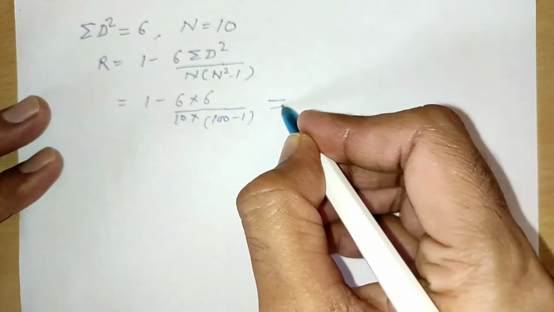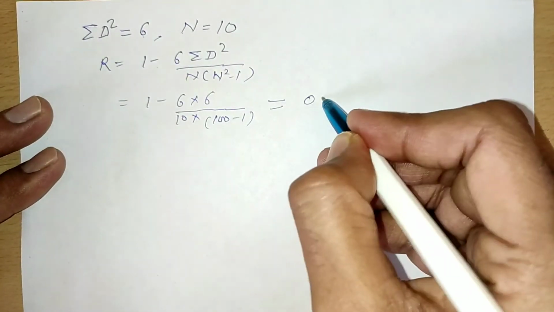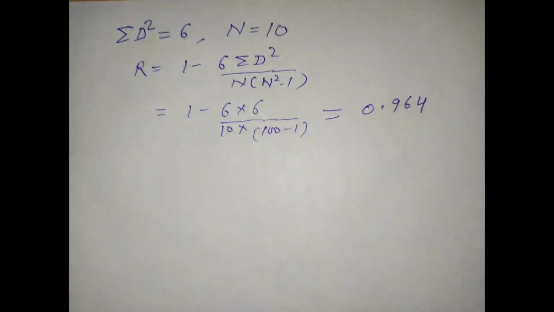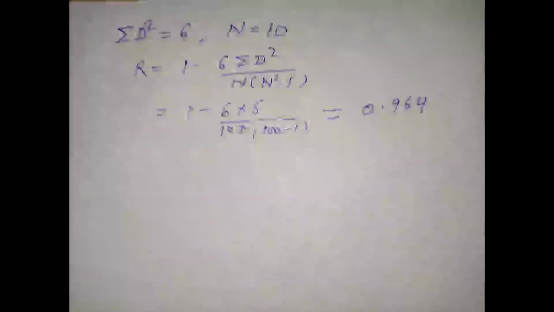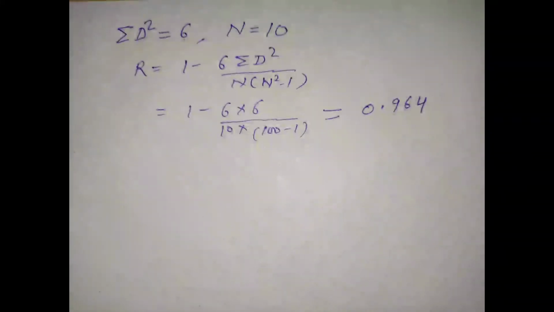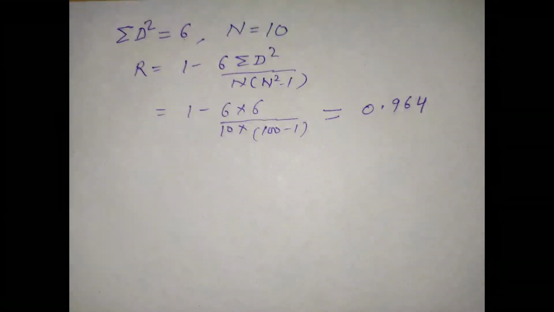When we solve it, it equals 0.964. Therefore, you can say that the preferences of these two ladies agree very closely, because the rank correlation is close to 1. So the preferences of both ladies agree with each other. Fine. In this way, you can find the solution of the problem through Spearman's rank correlation coefficient.